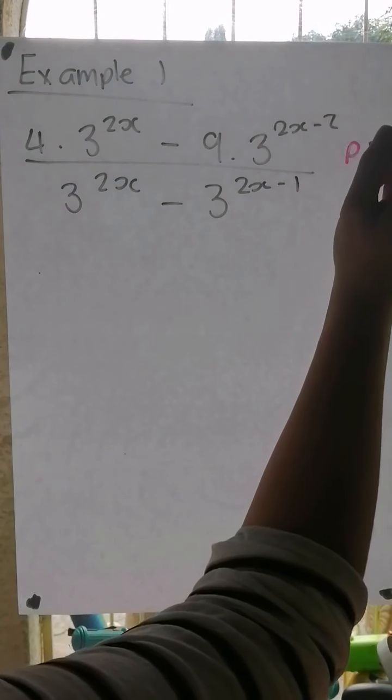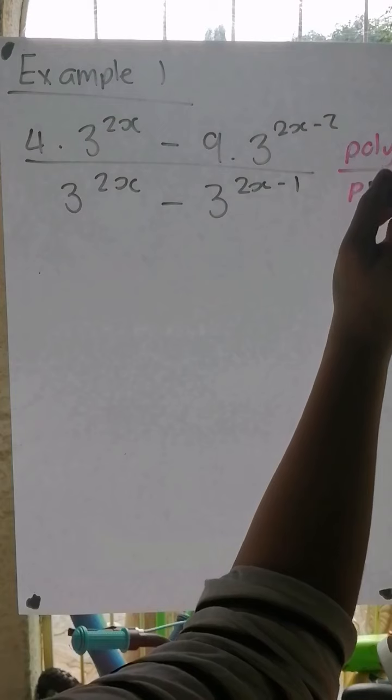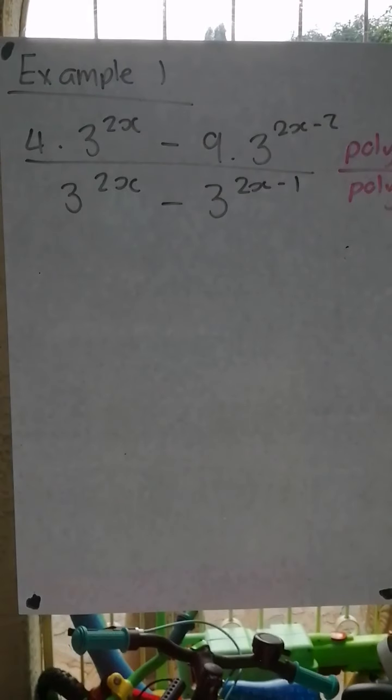That's our very first example, okay? So now I don't have a monomial over a monomial. I've got a binomial over a trinomial, so I've got a polynomial over a polynomial, which means I cannot cancel things even if they look exactly the same.